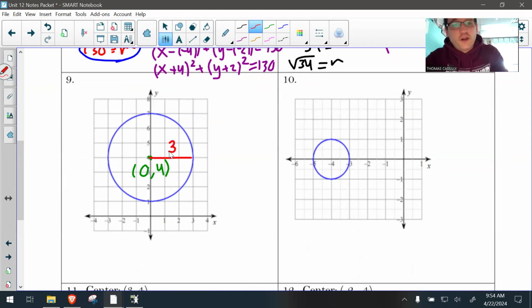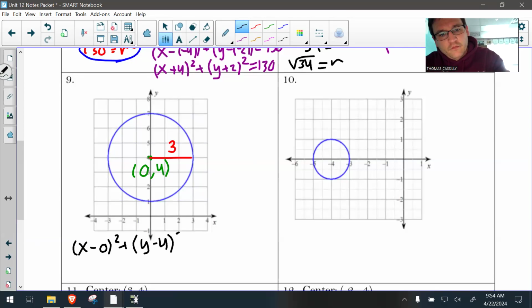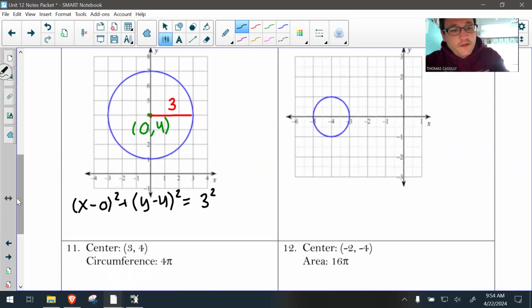So writing it all out, we have x minus 0 squared plus y minus 4 squared equals 3 squared. And if we wanted to simplify that, just keep it as x squared plus y minus 4 squared equals 9.